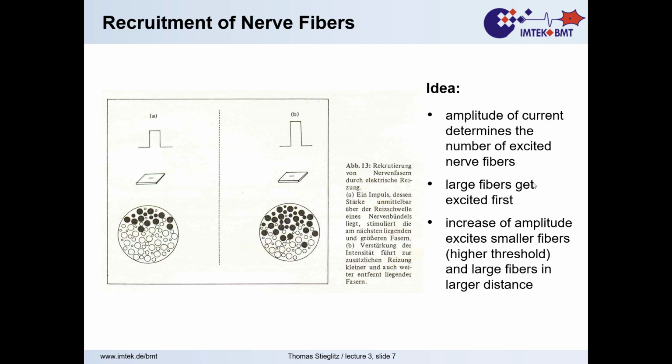So one thing that goes hand in hand is the recruitment of fibers and the stimulation. If you remember how we modeled the axon last week, we had something like longitudinal resistivity with respect to the diameter of that cylinder. And we said the larger a cylinder is, the more surface we have, and the more surface we have, the more ion channels could be decorated on that.